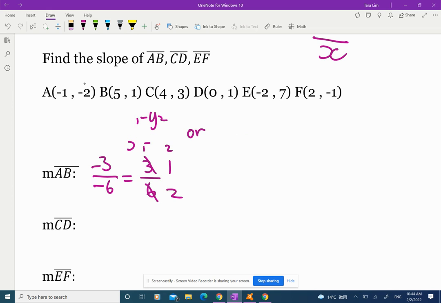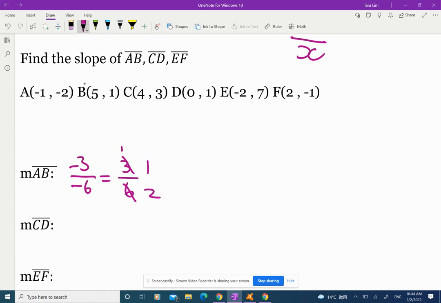Now there's another method instead of using the formula. So let's try doing the slope of CD. So we're focusing on these 2 points. And we can do 4 plus or minus what is equal to 0. 4 minus 4 is equal to 0.